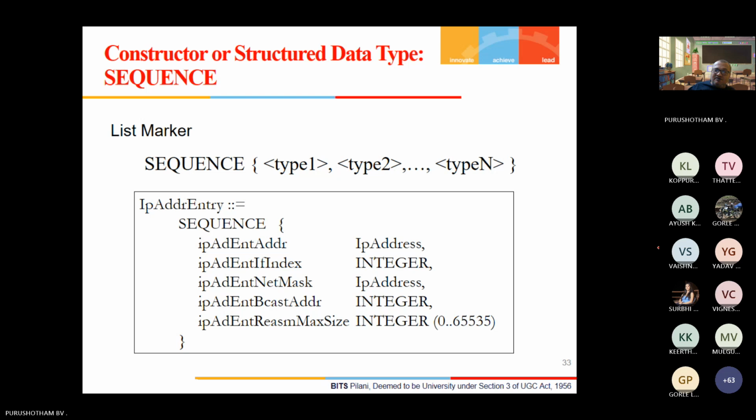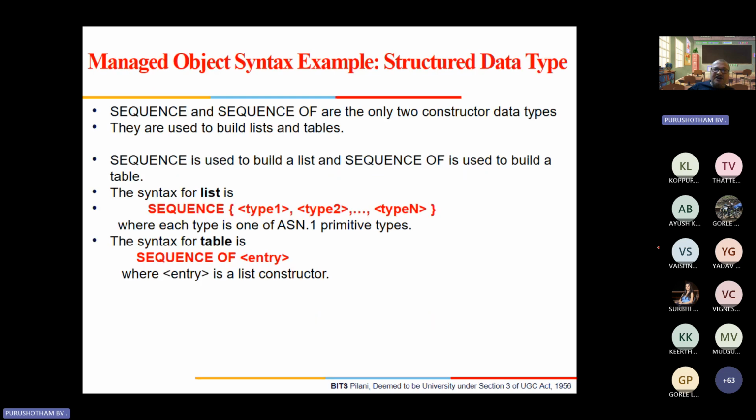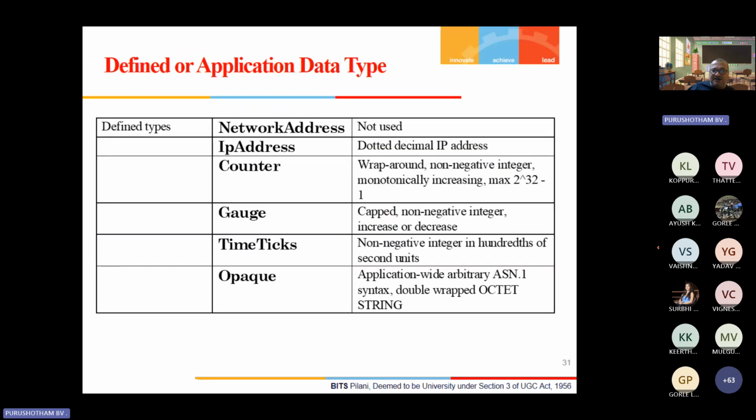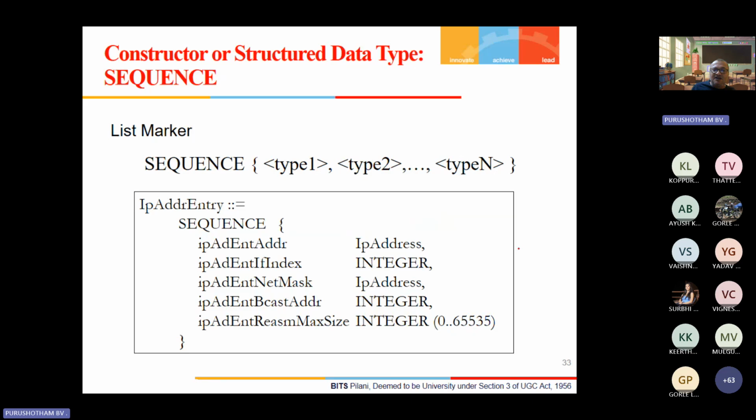Now, what is the data type? This is the IP address data type, right? Then IP address entry index integer. Then net mask, followed by the broadcast address. Again, the maximum size that can go is 0 to 65,535.